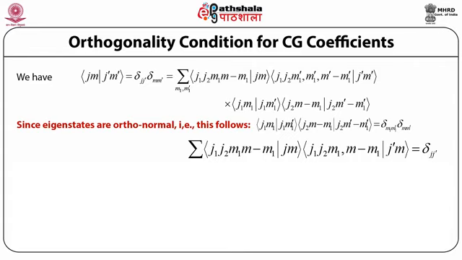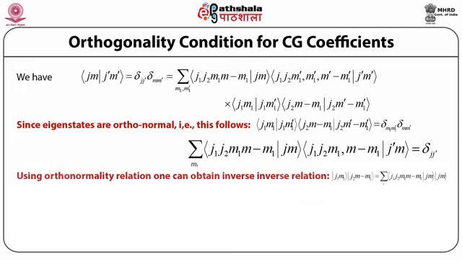So this relation gives the orthonormality condition, and in a similar manner we can also obtain the inverse orthonormality relation or condition, which is given by |j1 m1> |j2 M−m1> equal to the summation over J of <j1 j2 m1 M−m1|J M> |J M>, where <j1 j2 m1 M−m1|J M> are the Clebsch-Gordon coefficients.